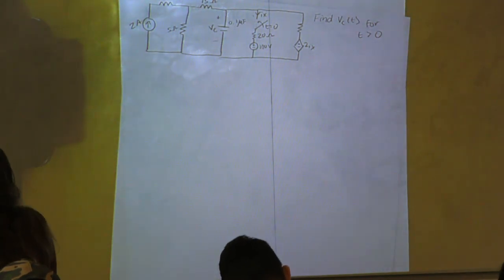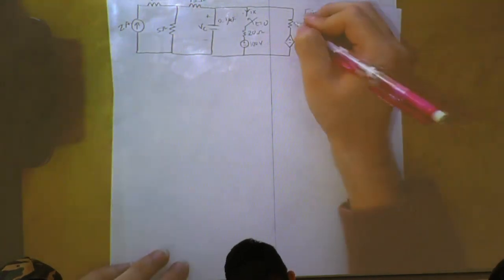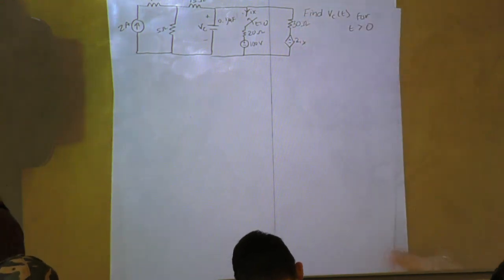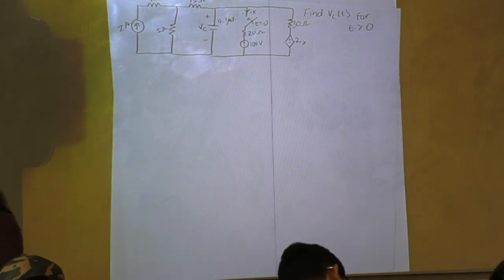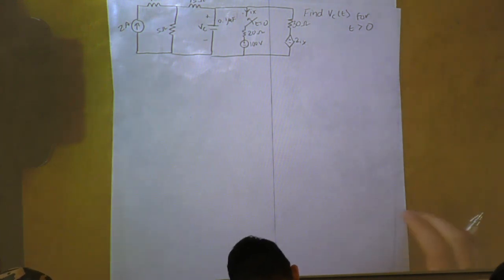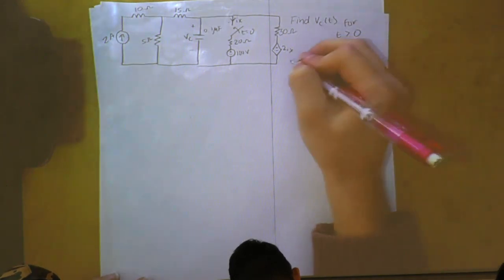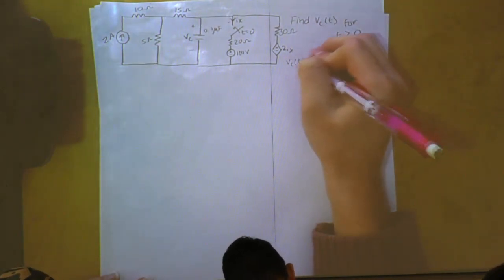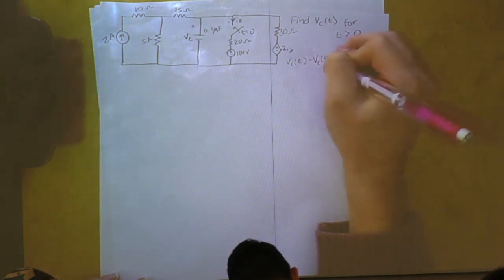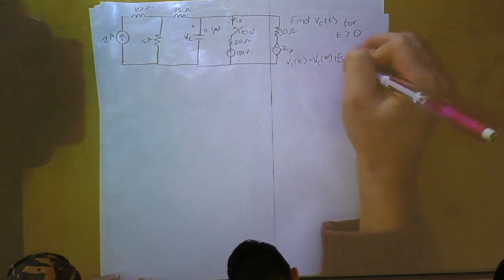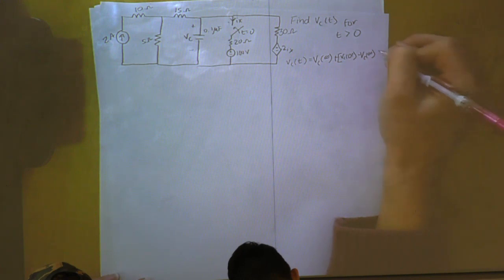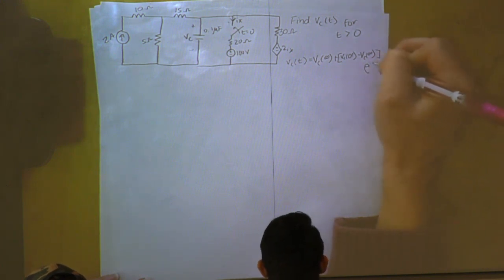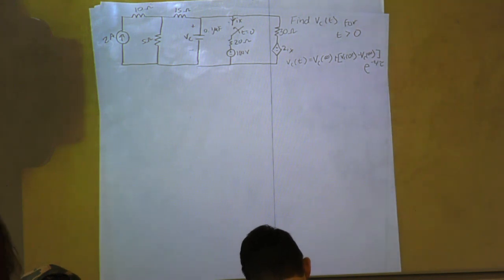Does everyone see where our IX is? This is 30 ohms. So the equation to find VC of t is going to be VC of infinity plus VC of 0 plus or minus VC of infinity, and then all that is multiplied by e to the negative t over tau.